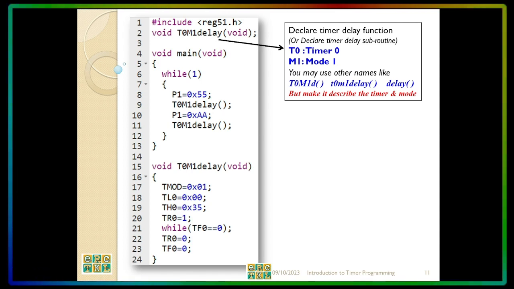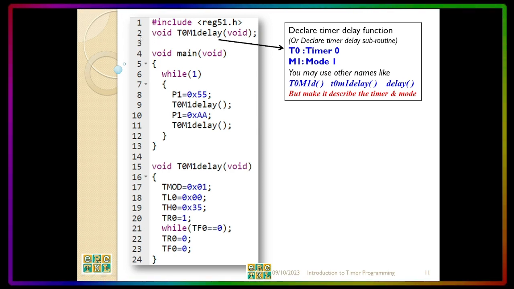So here we will be using timer 0, mode 1. And as I have said, you may use other names like T0 M1D to make it shorter, or small letter T0 M1D delay, or you can just write delay. Although I don't like to use delay because it does not describe or tell what is the timer you're using and what is the mode you are using.